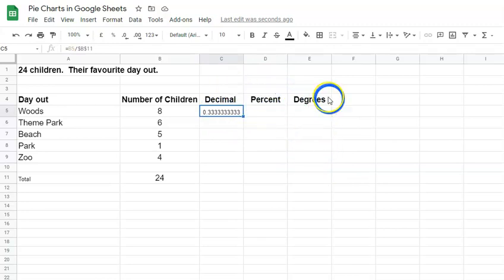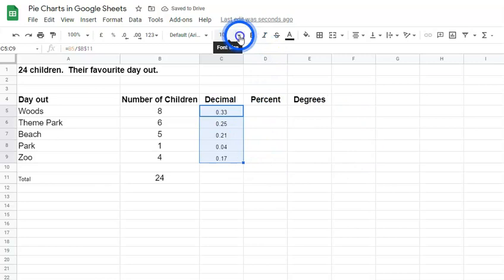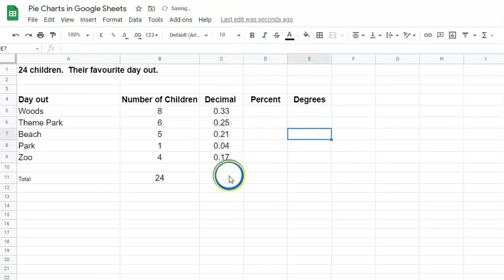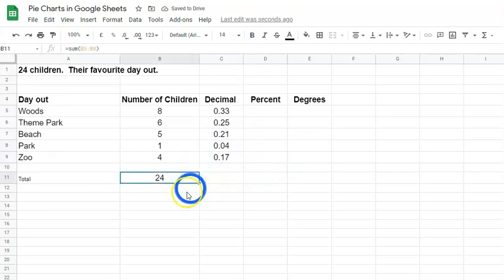So we know that 0.33 recurring is a 1/3. We could drag that down so that we get a decimal for each of the numbers, and if we add that up, we should get, I'm just going to drag the formula across, that should be 1, which it is.